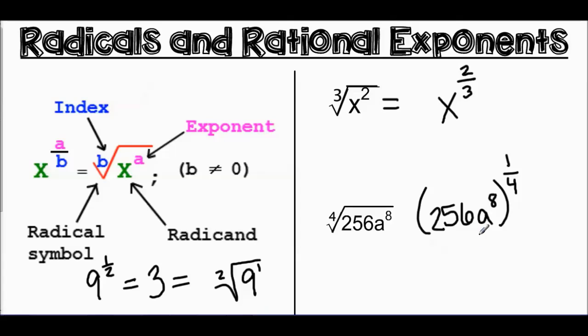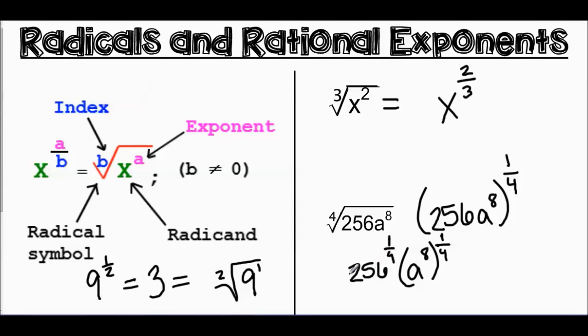Now let's take this a step further. Let's connect it to what we saw in our previous lessons where you have a product to a power. That means that I can take 256 and I can raise it to the 1/4 power. And then I have a to the 8th raised to the 1/4 power.